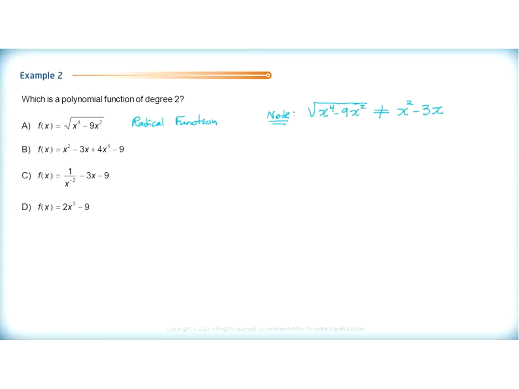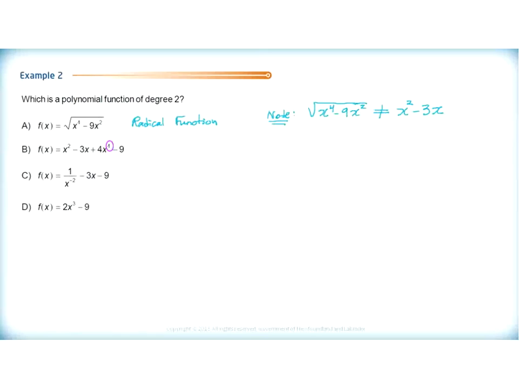This represents a radical function which is not a polynomial function. The radical function contains a square root sign, and that is not representative of a polynomial function. In part B, if you put the function itself in descending powers of x, you would see that the highest power of x in that function is 4.